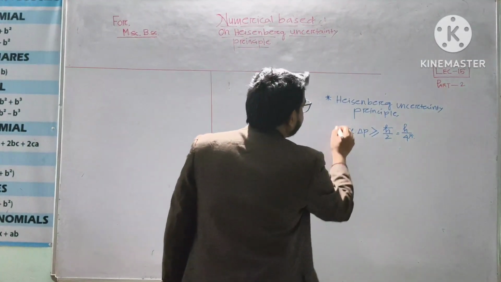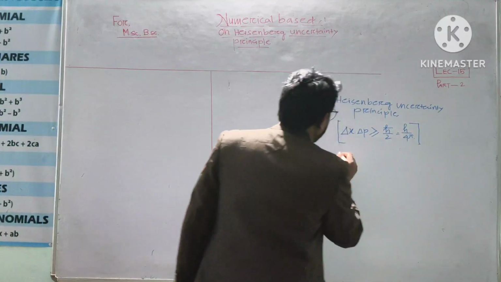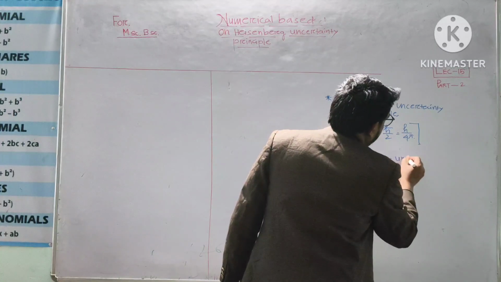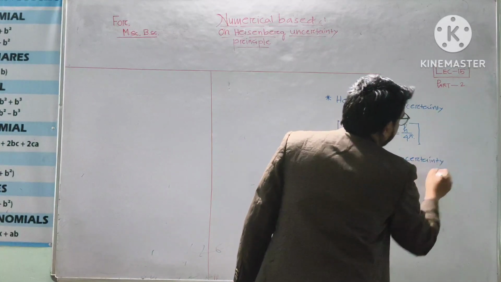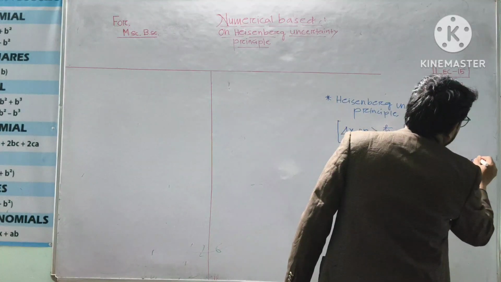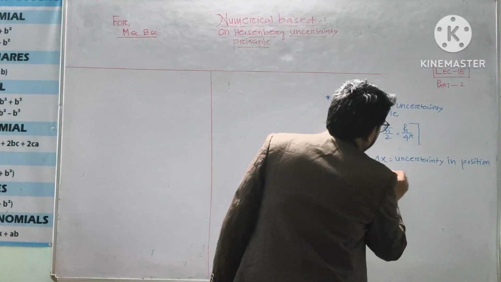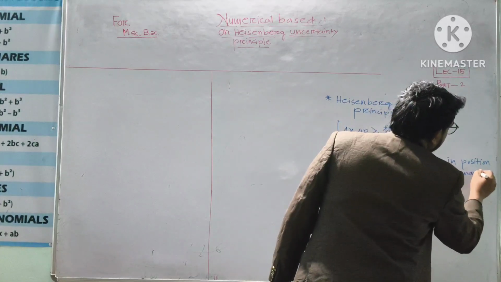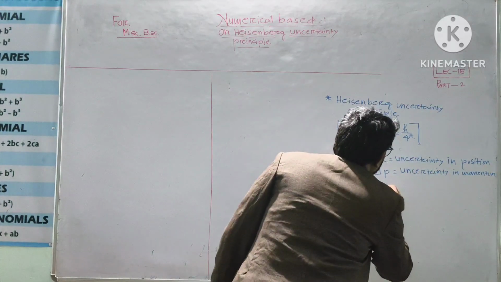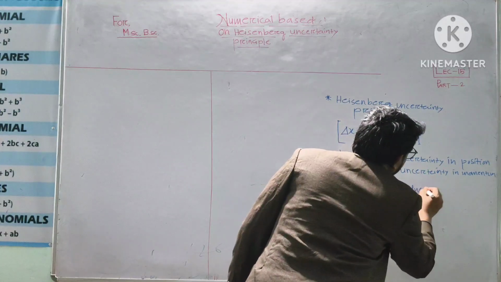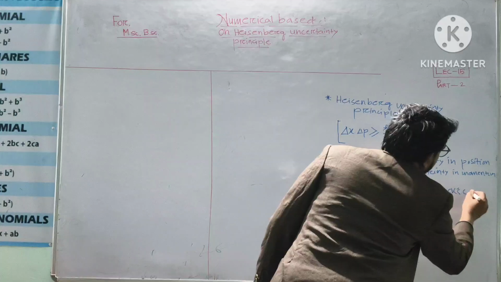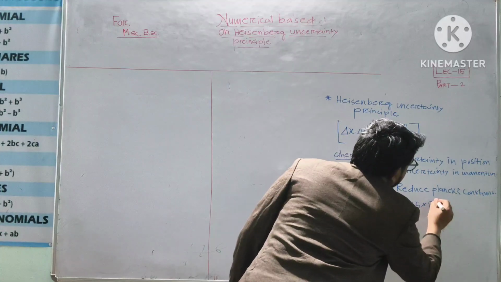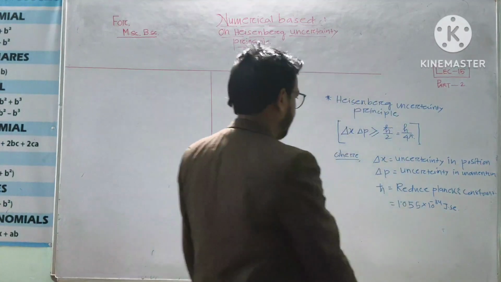Where delta x is the uncertainty in position, delta p is the uncertainty in momentum, and h cross is the reduced Planck constant, and its value is equal to 1.055 into 10 to the power minus 34 joule second.